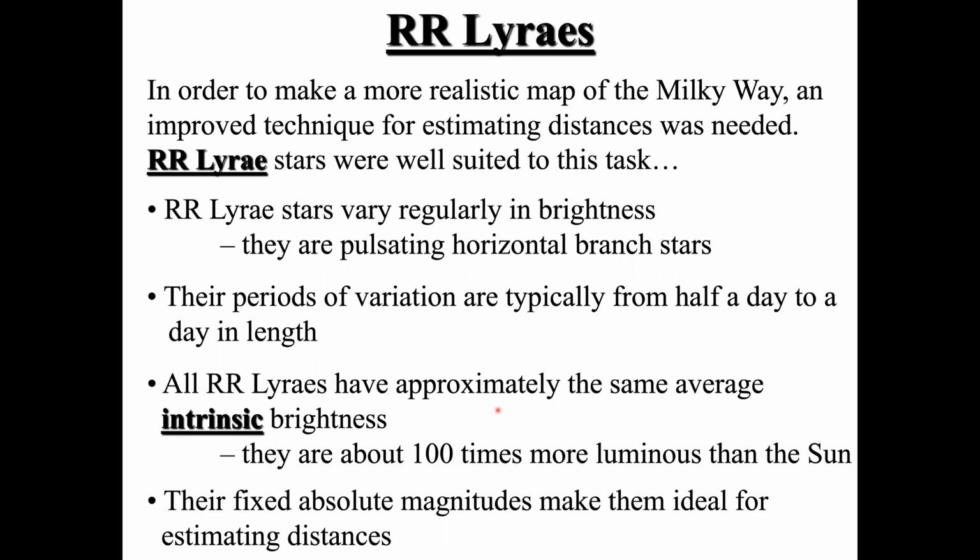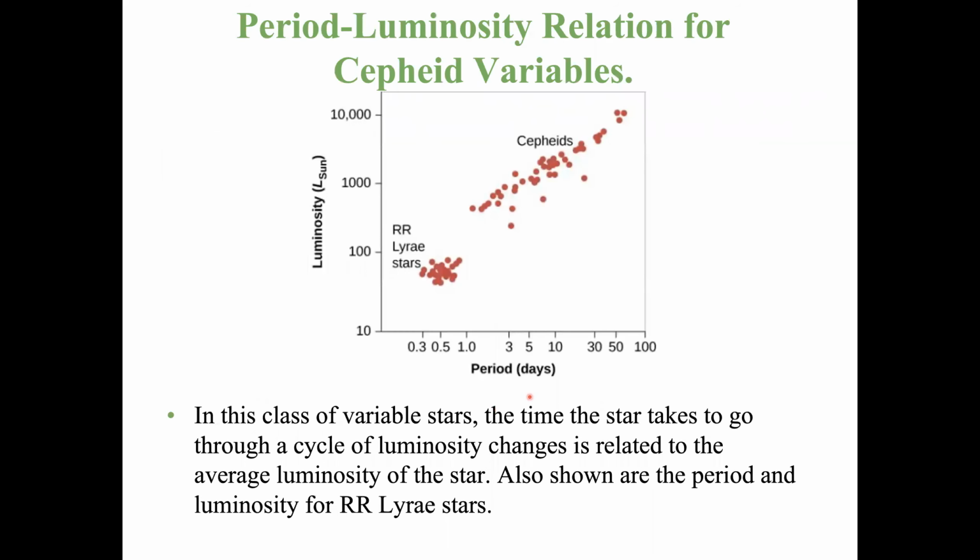If you compare these two types of variable stars, Cepheids and RR Lyras, in the same diagram, you can see the Cepheids are right here. This is what we discussed in the earlier slide, which was very helpful to figure out the distances and discover the other galaxies in our universe, actually nearby galaxies.